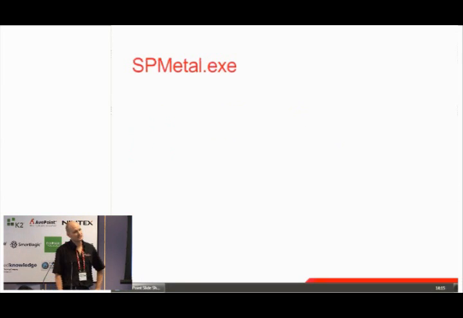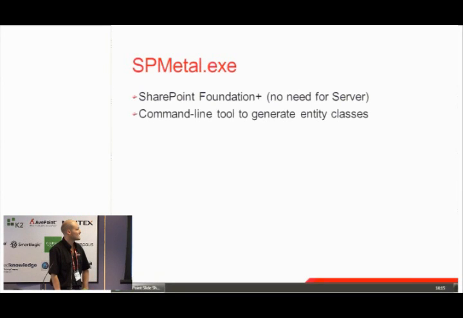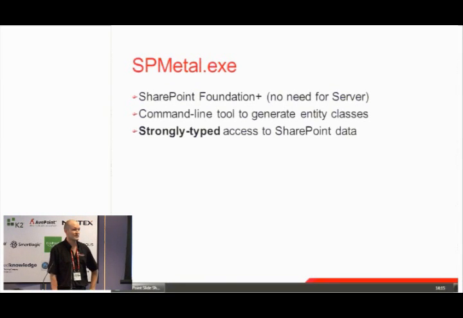Now, onto SPMetal. This is one of the things that I like to use to generate some classes. It works on SharePoint Foundation, so you don't actually need server CALs or enterprise CALs for this. It's a command line tool that queries the SharePoint site and generates entity classes for your models, so for your lists and your document libraries and so on, and strongly typed access to SharePoint data.